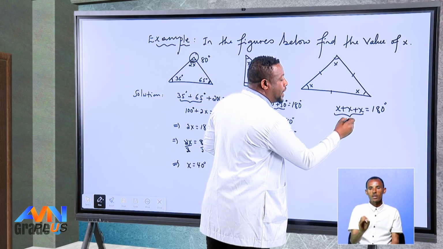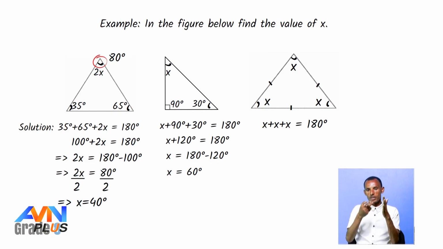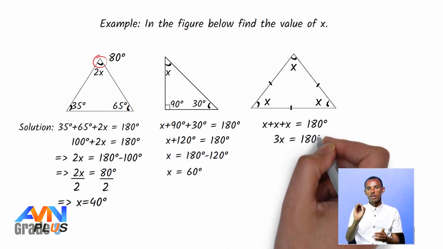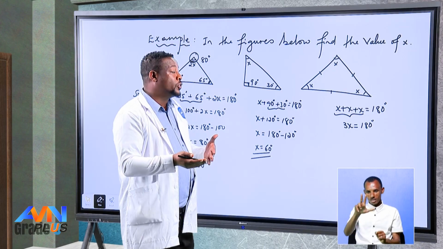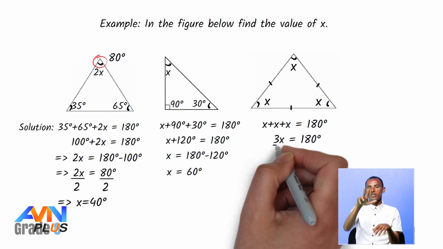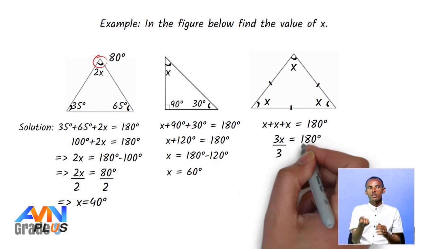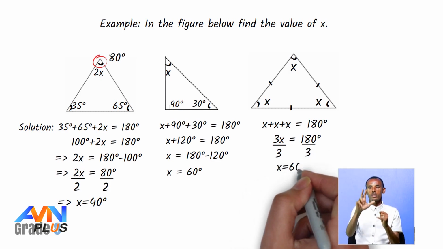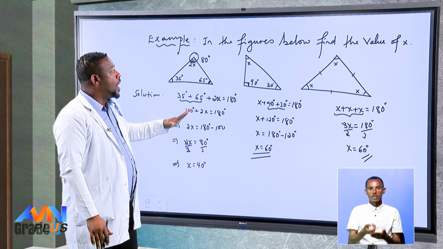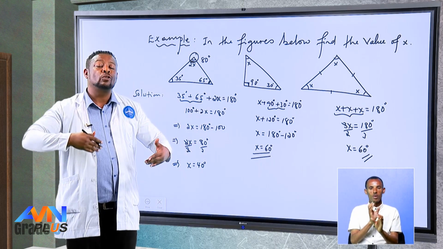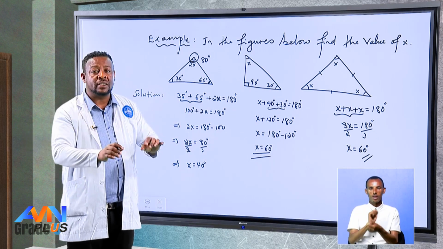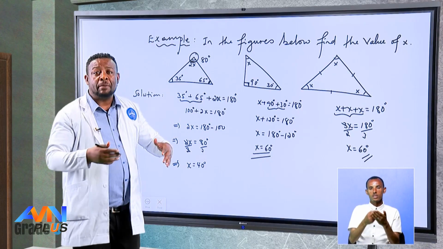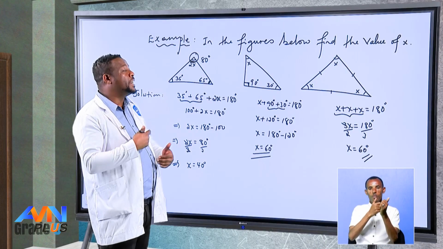So this sum is 3x, right? 3x is equal to 180 degrees. Now you can divide both sides by 3. Then x becomes 60 degrees, right? So this is how you calculate the unknown angles in any triangle. Okay, so this is the first example. Let's proceed to the second example.